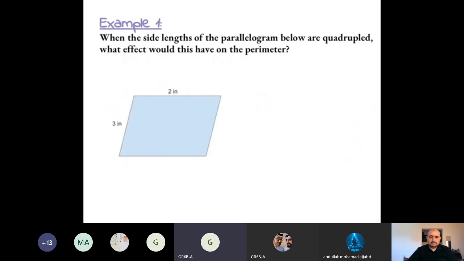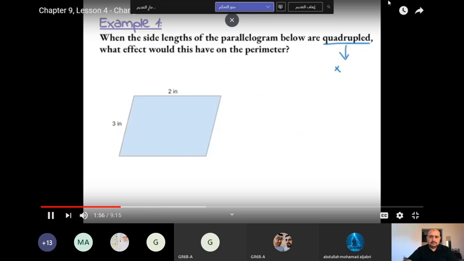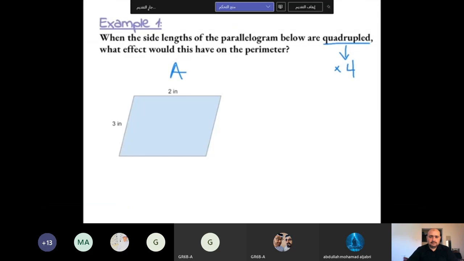When the side lengths of the parallelogram below are quadrupled, what effect would this have on the perimeter? So to be quadrupled, that means to be multiplied by 4. So if each side of the polygon was multiplied by 4, then the perimeter would also be multiplied by 4. So if we call this figure A, we have sides 2 and 3.